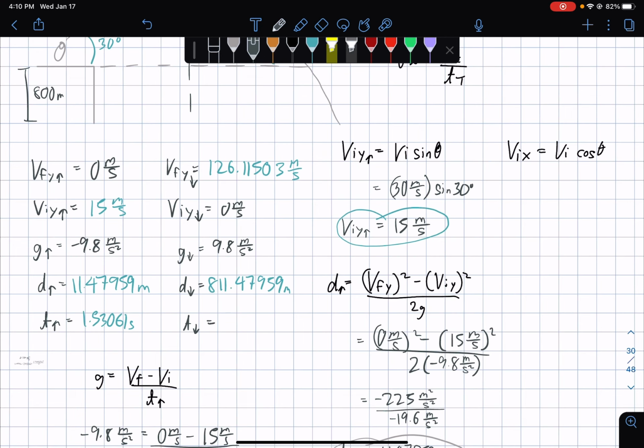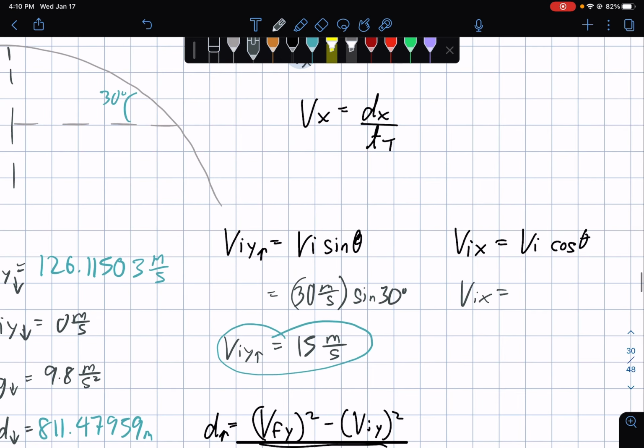What Vix do we use? Oh wait, never mind. That's what we're looking for. Vi is 30. Then cosine 30 degrees. So we have 15 square root of 3, or just 25.98076 meters per second.